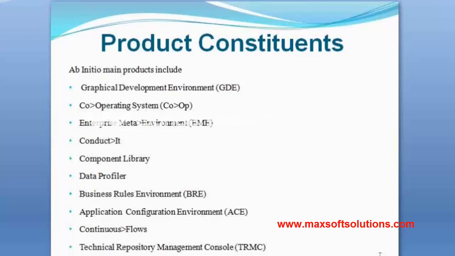In a graph, the individual units are called components; in plans, the individual units are called tasks. So you will have graph task, plan task, subplan, conditional task, program task. I'll explain all this when I give you the introduction about plans.